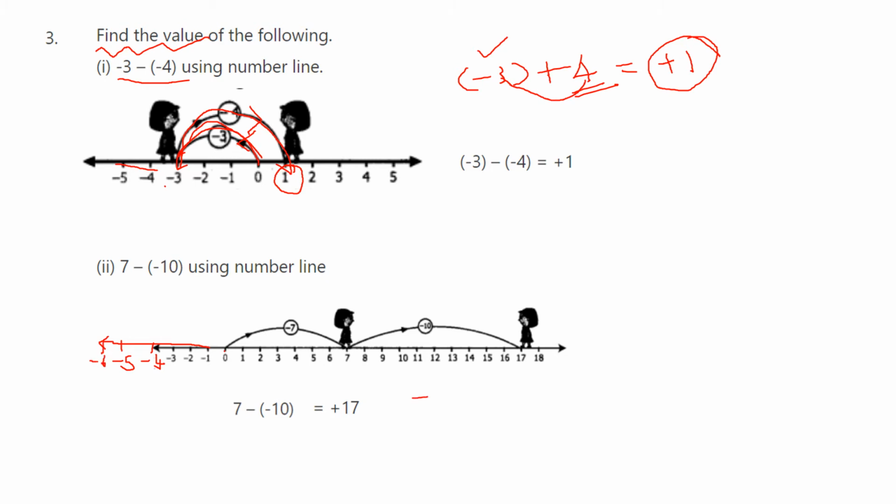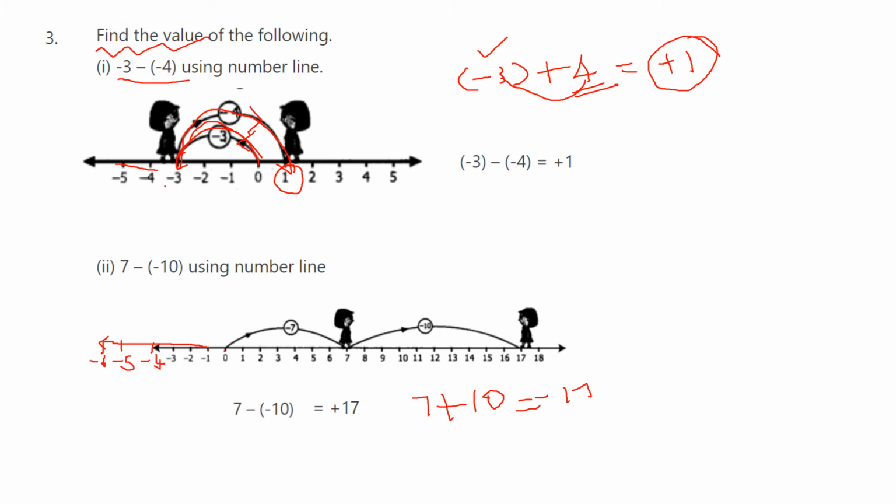So the first minus means we change the sign to plus, and the second number, additive inverse, minus 10 additive inverse is plus 10. So 7 plus 10, both plus means add and put the same sign. So 17, that is plus 17.